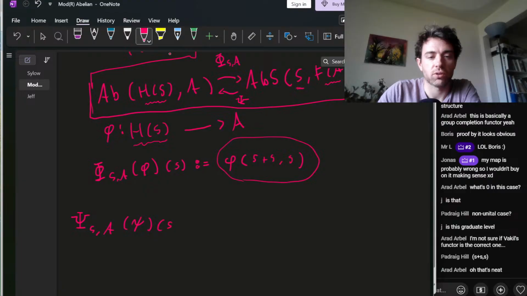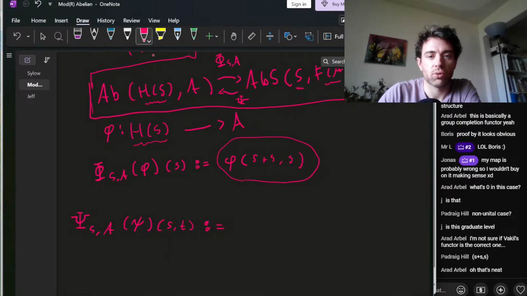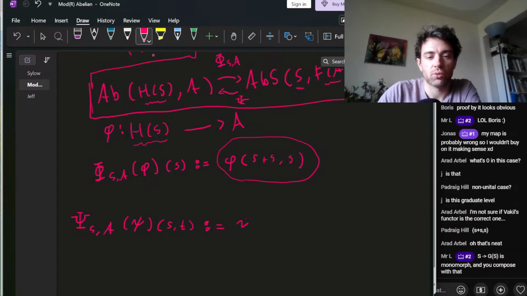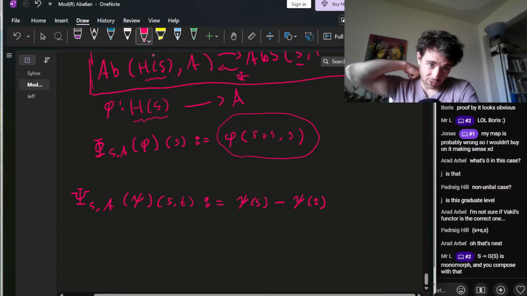Now I need to beef it up. I need to say what it's going to do on pairs. My guess would be, psi takes us from S into A. So we go psi S. Now that sits in A, sort of forgetfully, but then we can remember that we have our thing in A, and since we're supposed to think of ST as S minus T, probably we define it to be that.